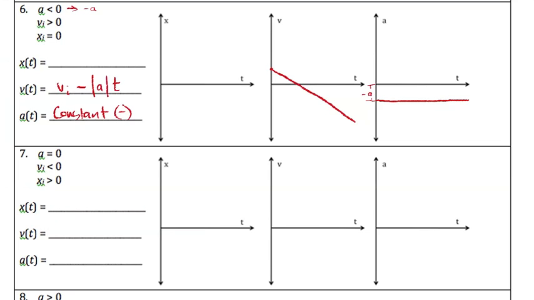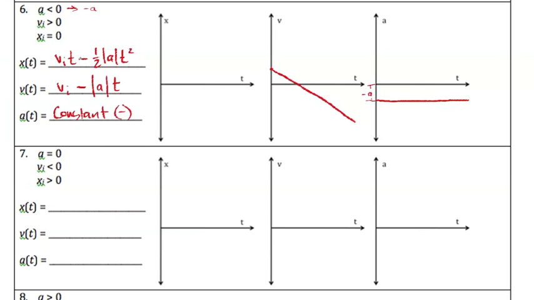Okay, position as a function of time. Well, it's our xi which is 0, so that goes away, plus vi times t. We can put that in there because vi is positive, plus 1/2 at squared. But again, since our a is negative, I'm going to put minus 1/2 of the absolute value of a t squared in there.